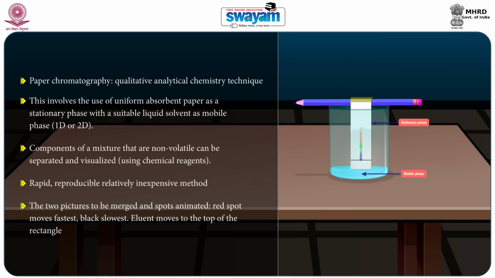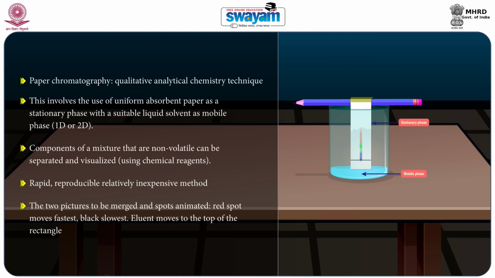Now, after placing the paper in this beaker with the solvent, which will act as the mobile phase, the beaker is covered so that there is no leakage into the atmosphere, and for a while the beaker is allowed to be saturated with the vapors of the solvent. This allows a uniform movement of the mobile phase up the paper which is being used as the stationary phase.